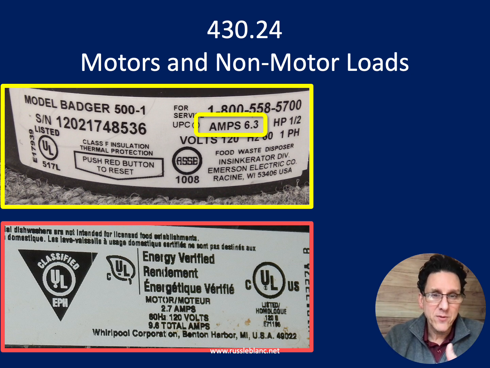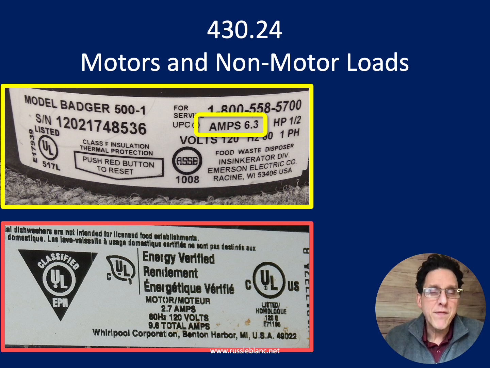And I'm going to be honest with you, the horsepower rating that you see on some of these appliances is not always accurate. I have a shop vac, for example, a 120 volt shop vac, and there's a big label on it. It says 5 horsepower. I don't think so.